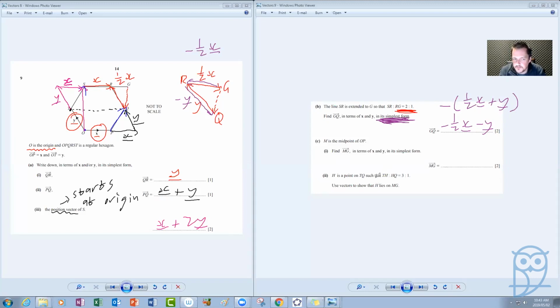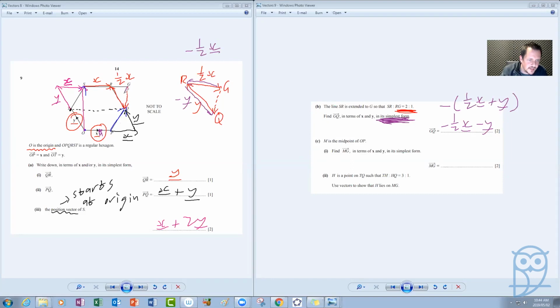All right. Part C, M is the midpoint of OP. So M is the midpoint of OP, so that's there. So there is my midpoint, M. Great. Find MG.